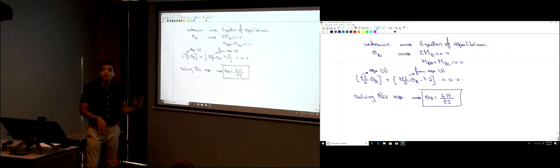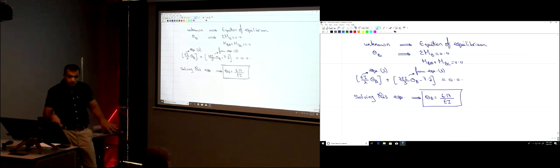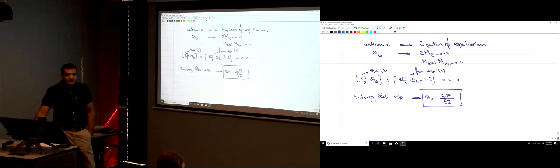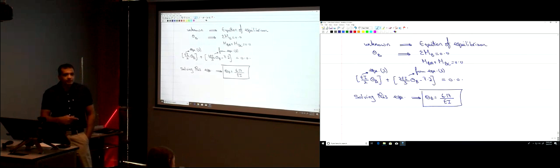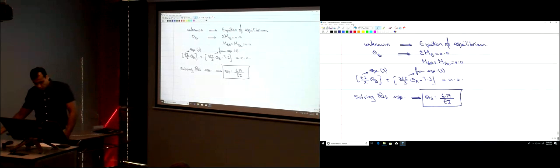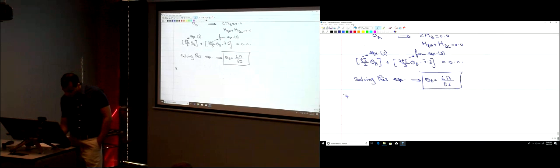I just solved my problem, right? I needed to know how much is theta b to find the end moments. Now I found how much is theta b. What would you do with this theta b? Step 4, okay? What's step 4? Substitute that back into the slope deflection equations to find the end moments.